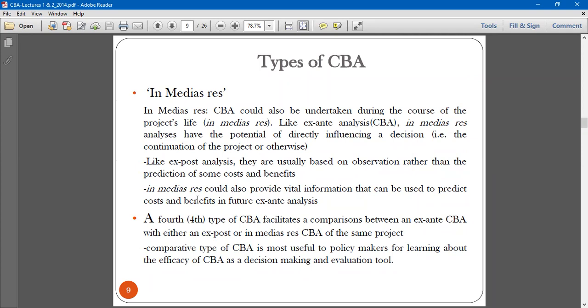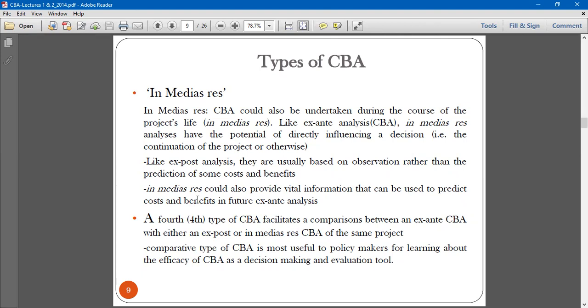Now that we've done the ex-post, we want to know if yes, after the project, the benefits were actually more than the cost as predicted by the ex-ante. So we are able to compare to know whether using CBA is the best. Can we use CBA to predict whether we have to undertake a project or not?